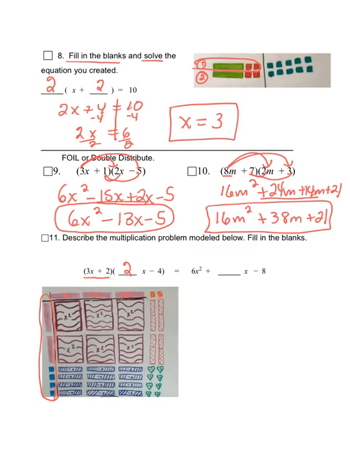Now you can either use FOIL to multiply 3x plus 2 and 2x minus 4, or you can look at the picture. You have 1, 2, 3, 4, 5, 6, 6x squared. And then this is positive, so 1, 2, 3, 4, so it'll give you 4x.